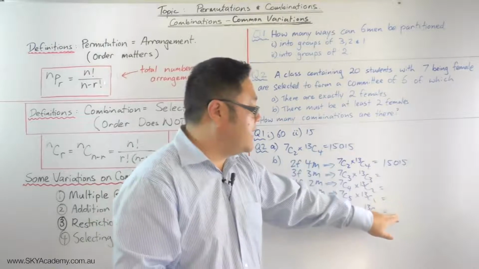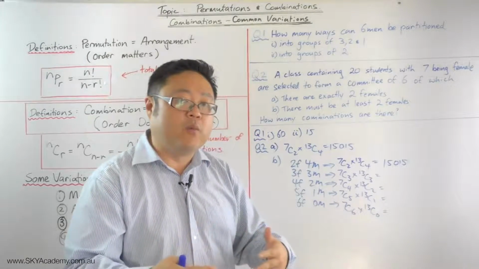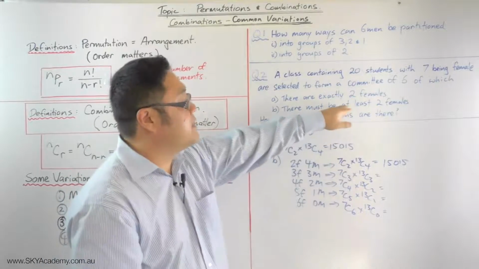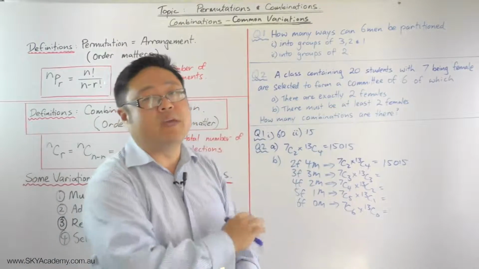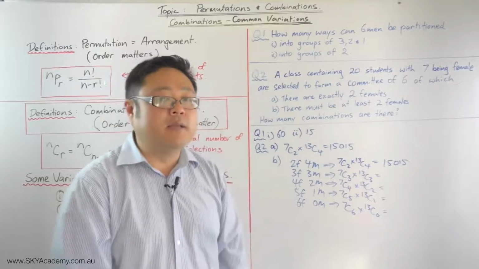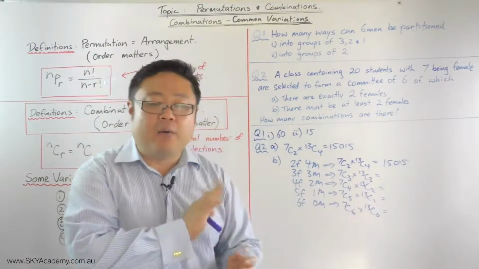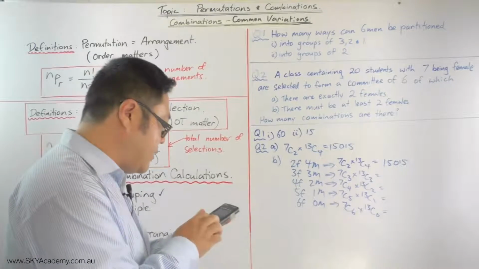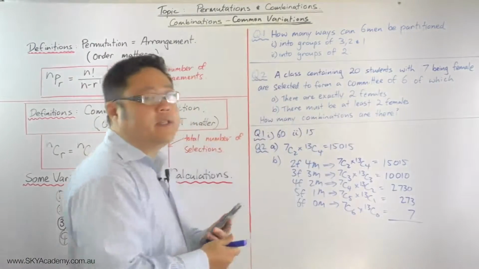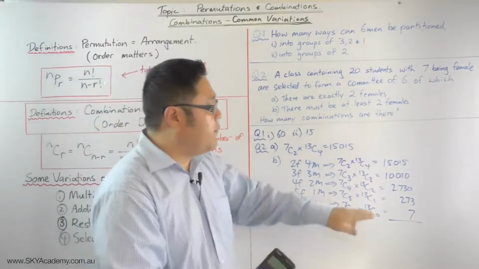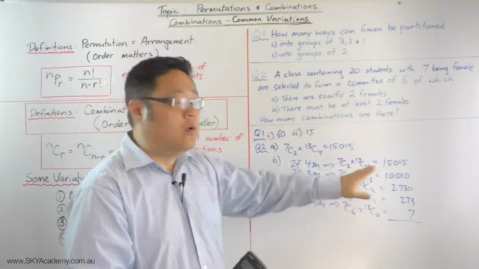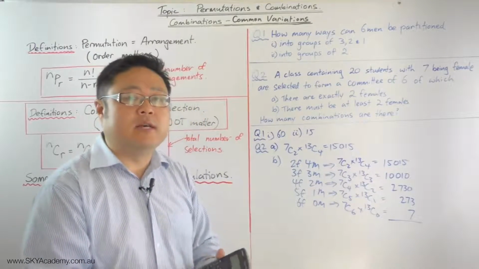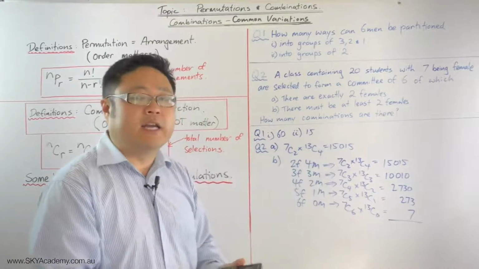Once we worked out each of these numbers, what do you think we have to do to work out the total number of groups where there is at least 2 females? Like I said, we add them all together. So let me just work these out on the calculator, and then we'll find the answer. So I've worked out all the calculations for each of these combination expressions.